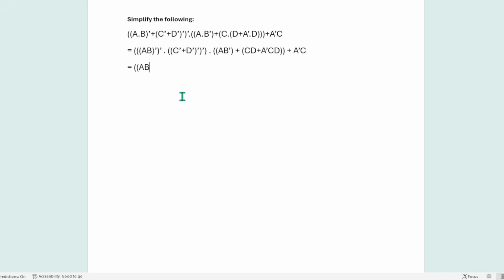And here c prime d prime whole prime, and there's another prime, so basically c prime plus d prime double prime, so this actually becomes c prime plus d prime only. The remaining part again stays as it is. I'm just removing the brackets from them, because there's no point putting extra brackets now.